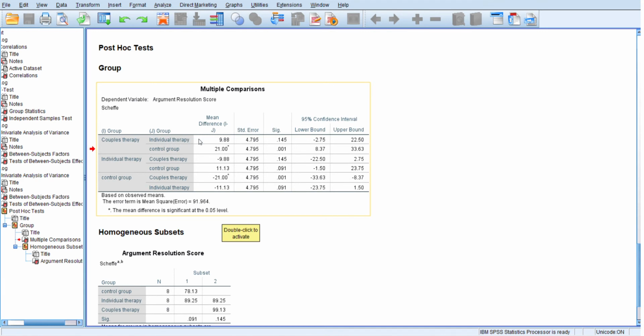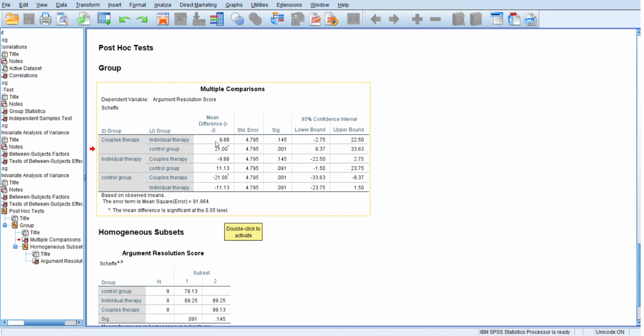Now the reason that this matters is that if it were reversed, if it was 50 minus 100, this would be a negative number. So that is how we know which one of these was higher. Because our couples therapy and individual therapy were compared and couples therapy was first, we got a positive number.